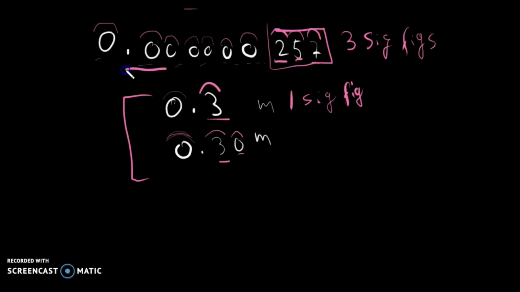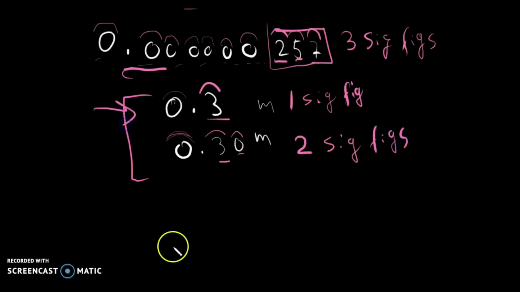The zeros before that first digit do not tell you anything, but the zeros after tell you, okay, that's 0.30 and not 0.31, or maybe it is close to 0.30. So this 0.30 does not only have one significant figure, but it has two significant figures.